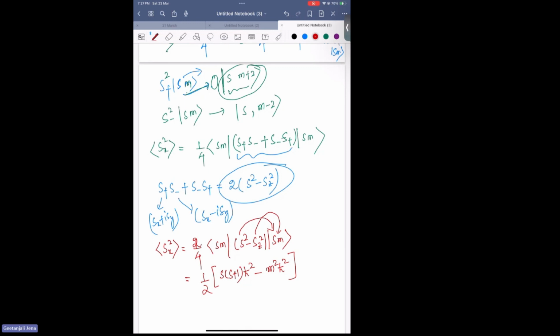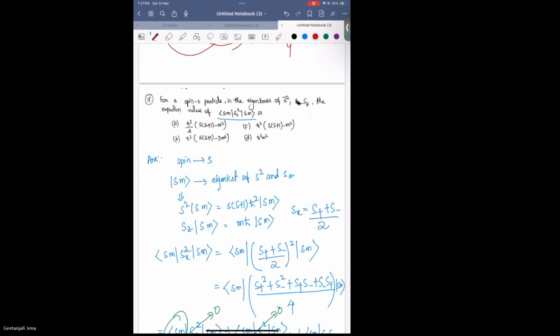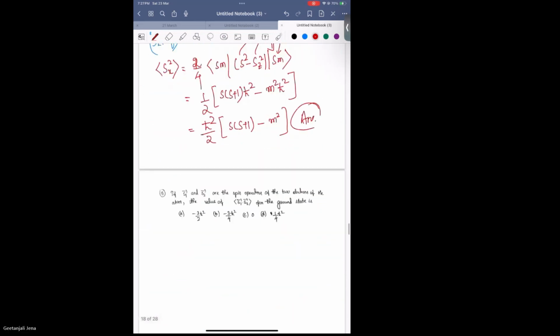So the expectation of S square is s into s plus 1 minus m square. This should be the answer you will get. Let us see. Okay, option 1. So this will be the answer.